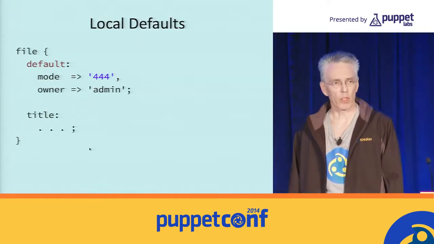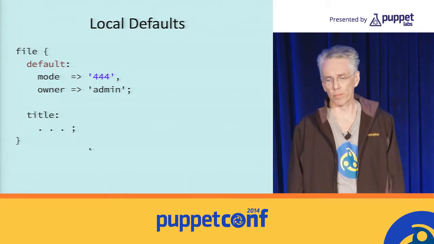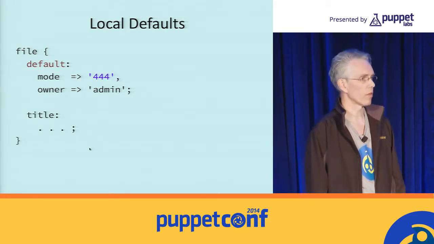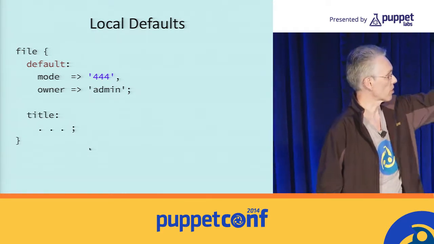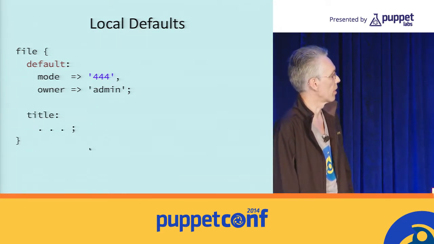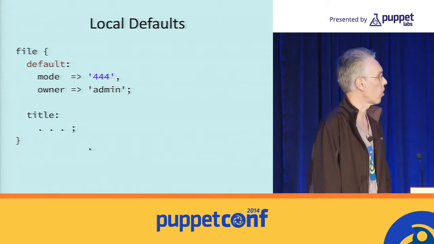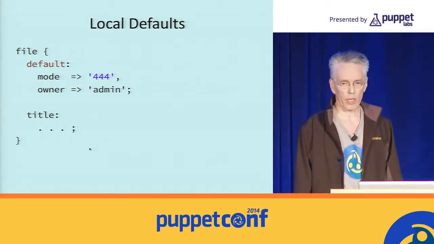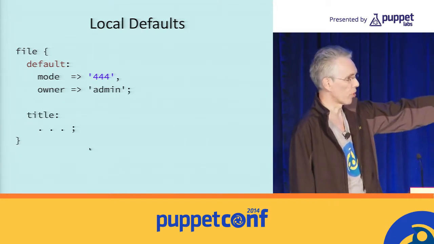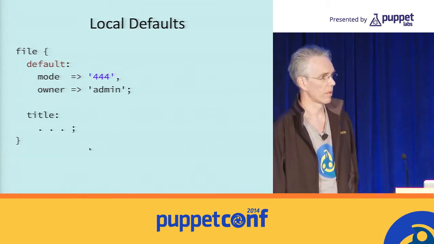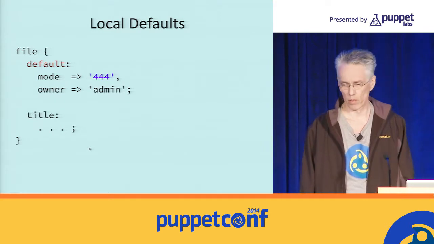First of all, we have something that we call local defaults. If you have a resource body inside of a resource instantiation expression like this, and you give it the title of the literal default, the values you set there, the attribute values, will be the default values for the other bodies inside of the same resource expression.